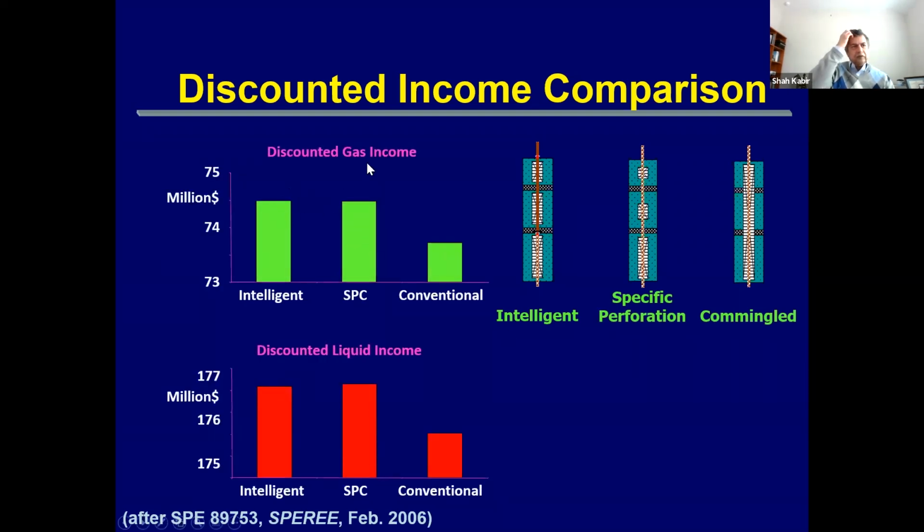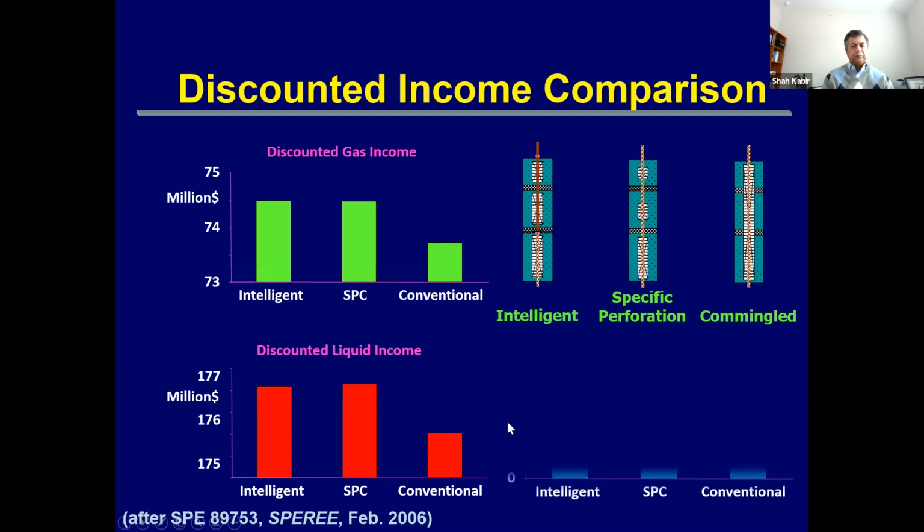So we did the discounted income calculation. As you can see, it doesn't matter between these two, whereas this one needs installing a system and managing. But if you do it a priori, it's all right. For the conventional, the number is not that different, but the liquid income suffers a little bit.